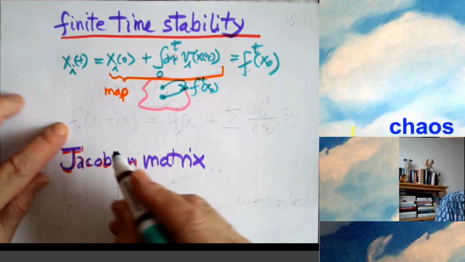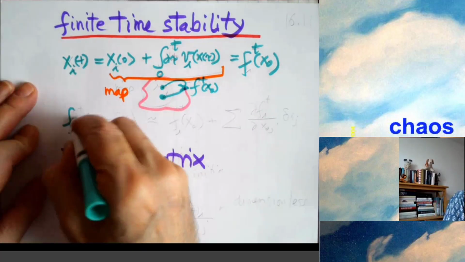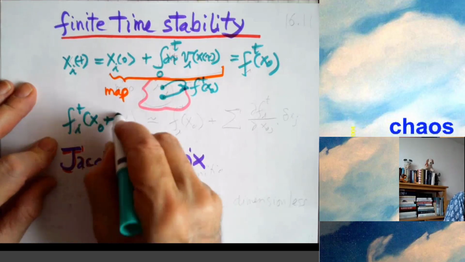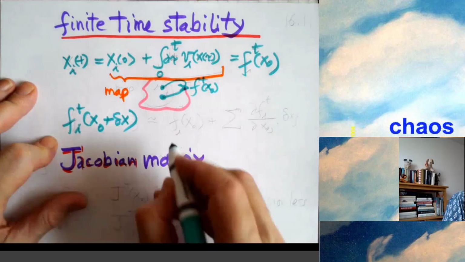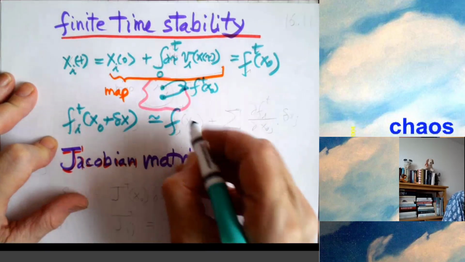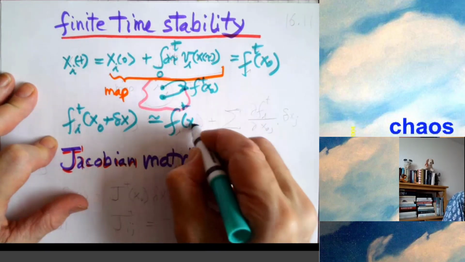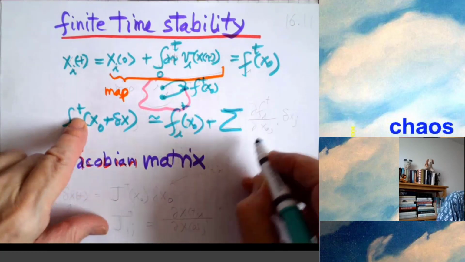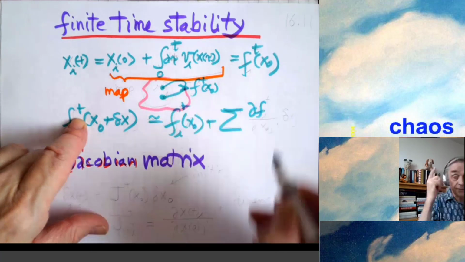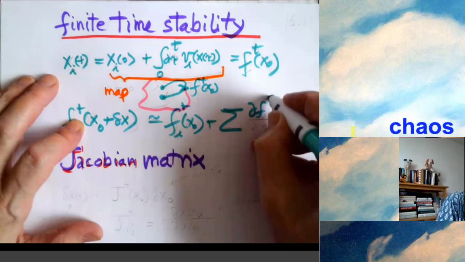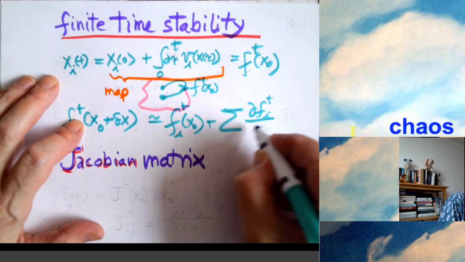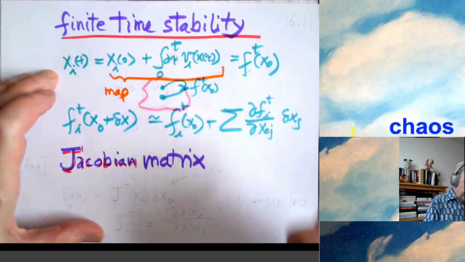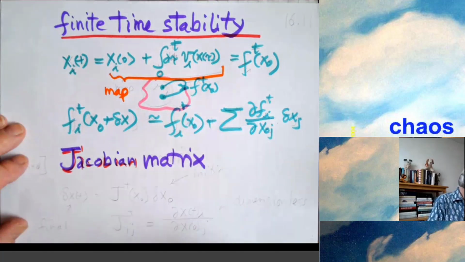Now, if I look at the neighbor of that map, so I look at a point close to the initial point, do the Taylor expansion as before. Now I have to take derivatives of the map, not of the velocity, but of the map. And that thing is a Jacobian matrix.